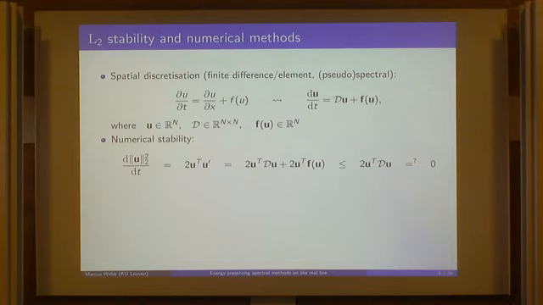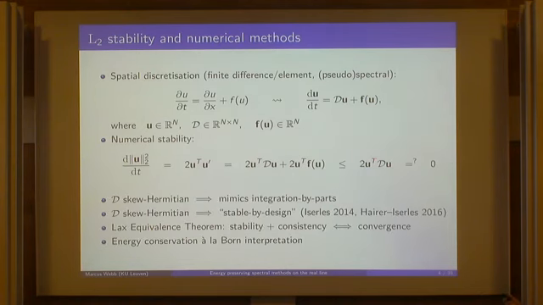And so what we would like is that this be 0 if we're going to be respecting the L2 stability property. So if D were a skew-Hermitian matrix, this would be 0. And it's sort of saying that we're mimicking the integration by parts that exists. So our discrete equations would be mimicking integration by parts if the differentiation matrix is skew-Hermitian.